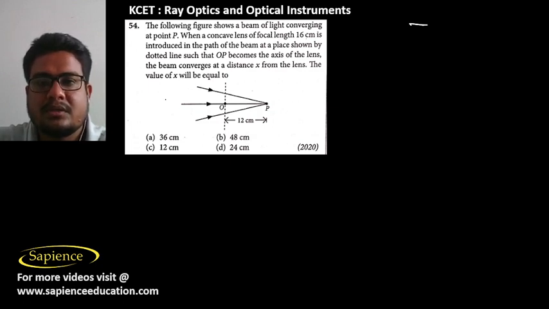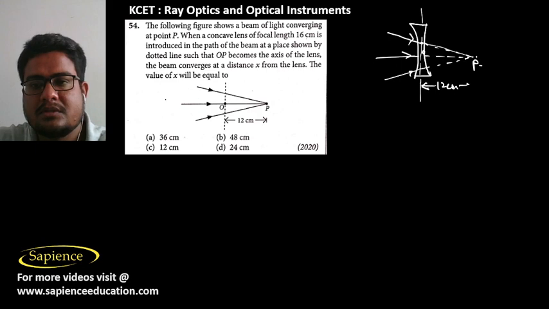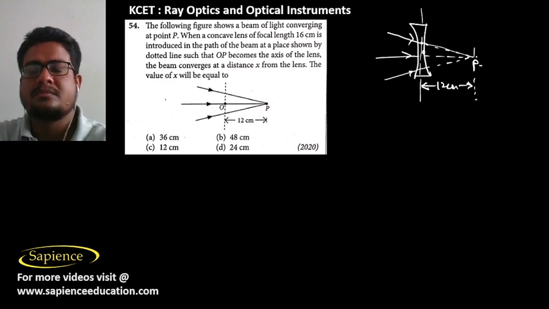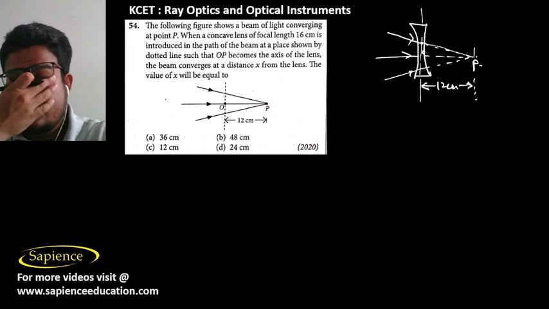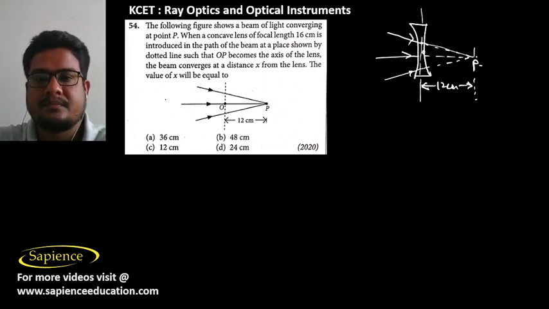So here the concave lens is placed here, and here is the actual object. The point O is at a distance of 12 centimeter. Then u is plus 12 centimeter.